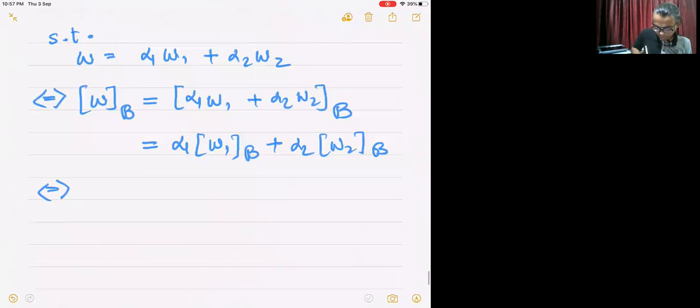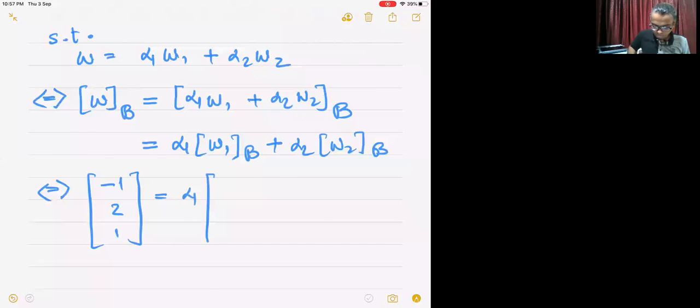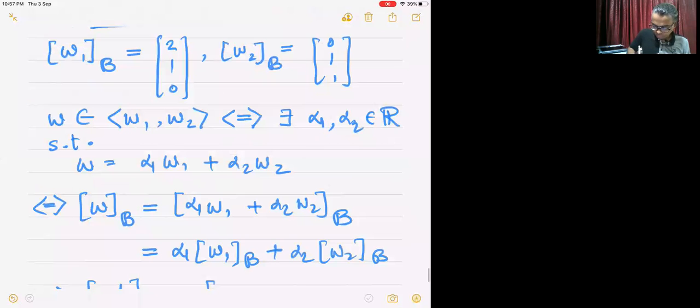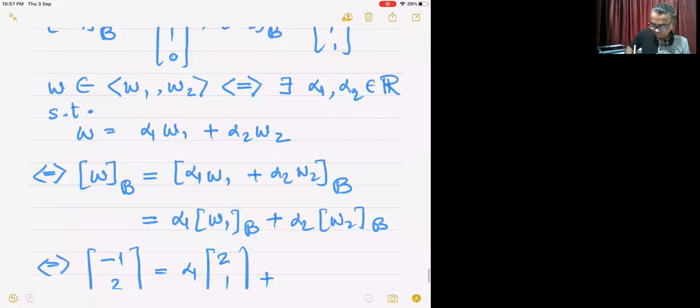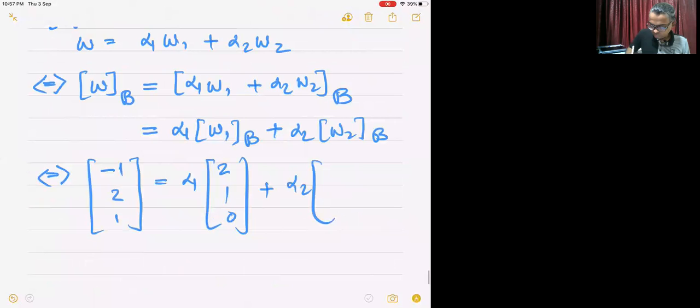We ask whether this is a linear combination of alpha 1 times w1 in B, which is 2, 1, 0, plus what is this one? This is 0, 1, 1. So alpha 2 times 0, 1, 1.